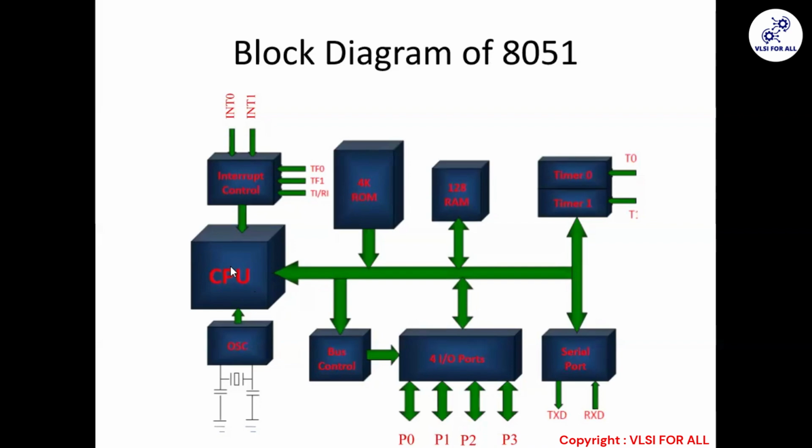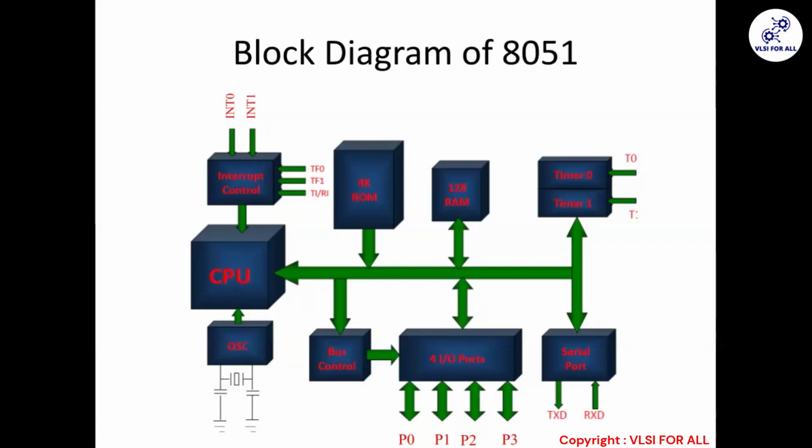All logical operations mean ANDing, ORing, and so on, and arithmetic operations mean addition, subtraction, even multiplication. That facility is there in 8051: 8-bit by 8-bit multiplication is also available. So these types of operations happen here. This is the ALU.